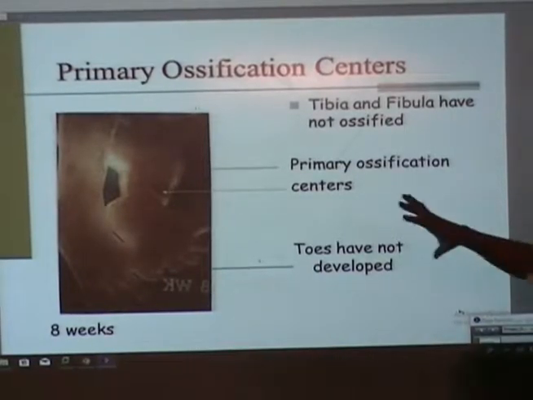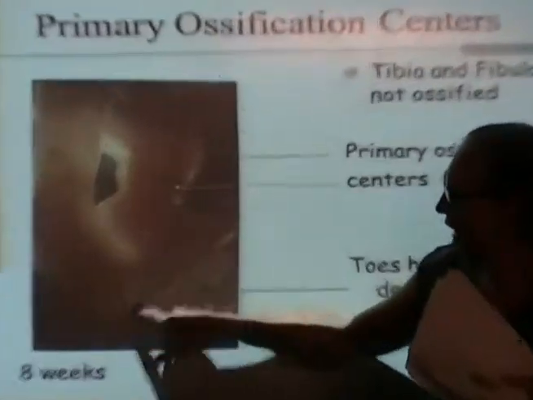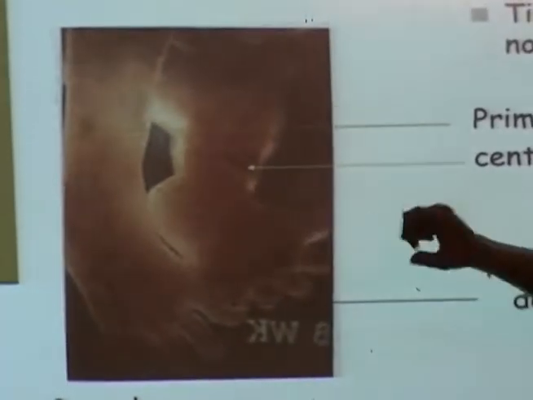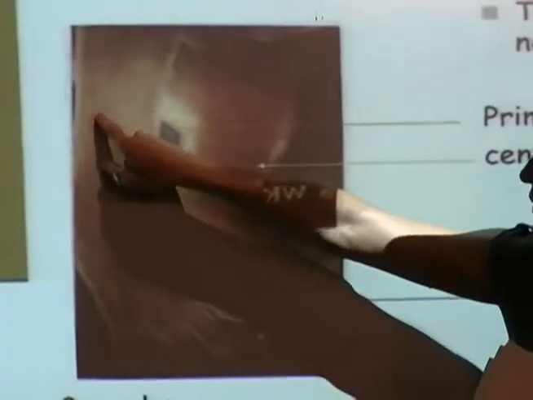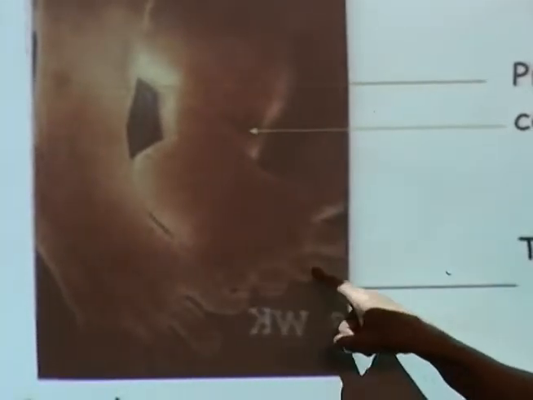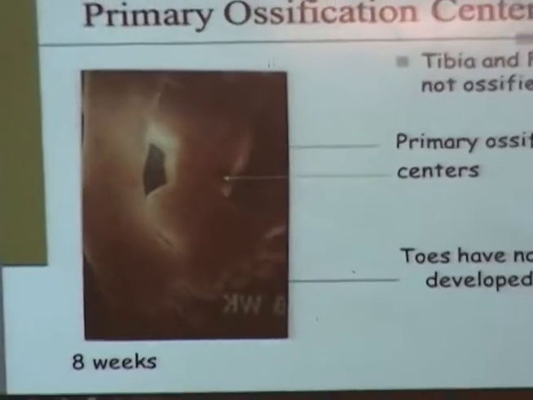There's no bones yet, okay? So if we look at the scan for 8 weeks, these shadows in the middle of the leg and in the middle of the feet, and if you were closer you could see some in the toes. These shadows are called primary ossification centers, right?